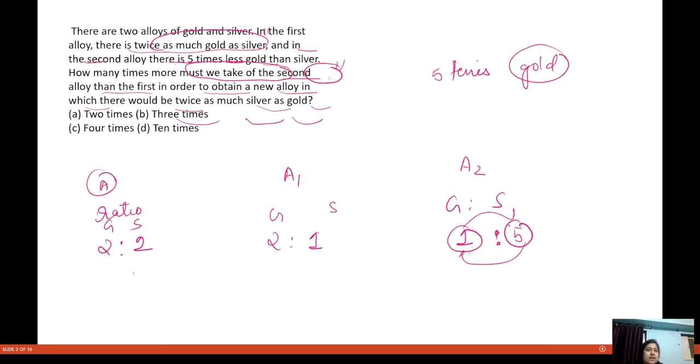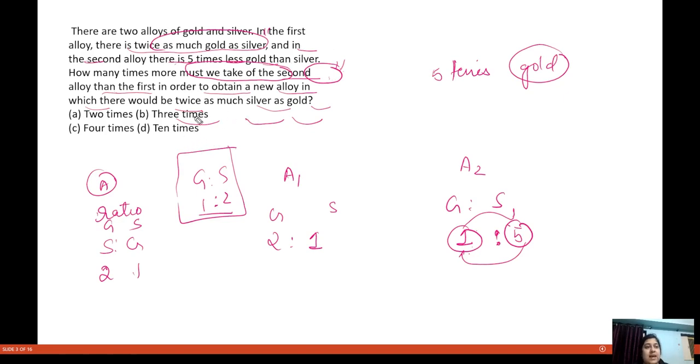Sorry, yes, we need to have, it is saying twice as much silver as gold. Okay, so we need to have the silver ratio as twice and this gold ratio as 1. That is, gold to silver ratio should be equal to 1 is to 2.